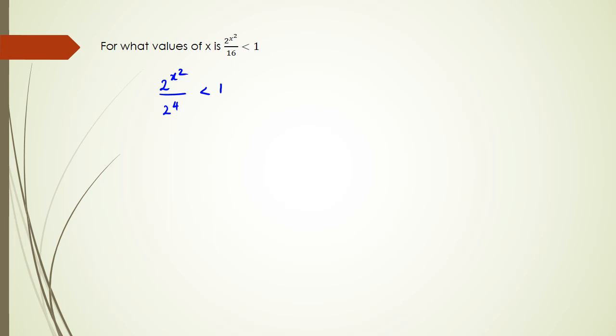Now, something useful to remember is this: 2 to the power of 1 is equal to 2, 2 to the power of 2 equals 4, and so on, right? But what you should also know is 2 to the power of 0 equals 1.